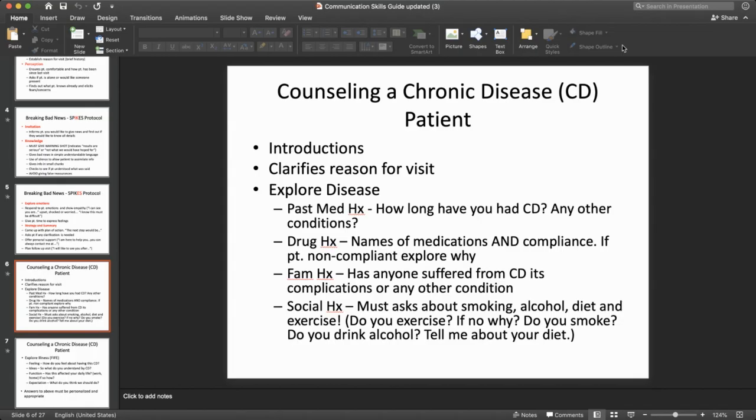So you need to find out if they're compliant and to further quantify their compliance as it relates to the frequency and timings of their medications. And of course, if they tell you they're not compliant, you need to find out why.